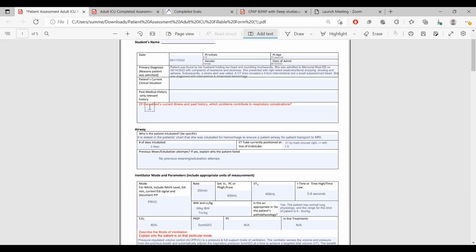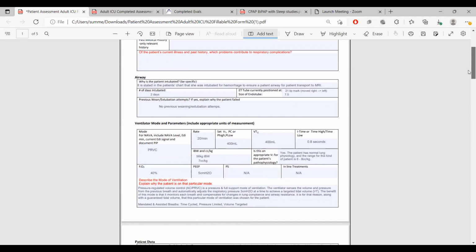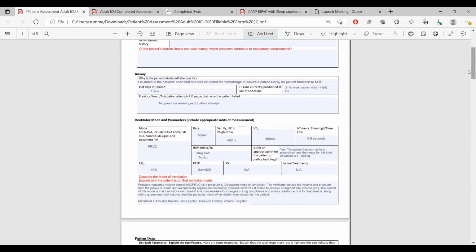Of the patient's current and past history, which problems contribute to respiratory complications? I think heart failure definitely contributes, right? Because if the blood isn't circulating correctly, gas exchange doesn't occur correctly, and it kind of messes everything up.